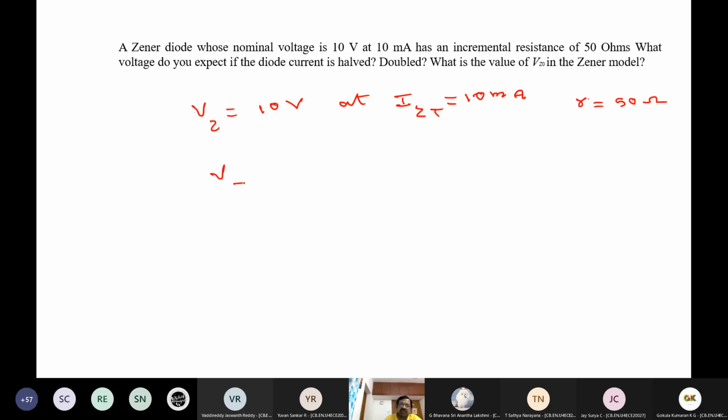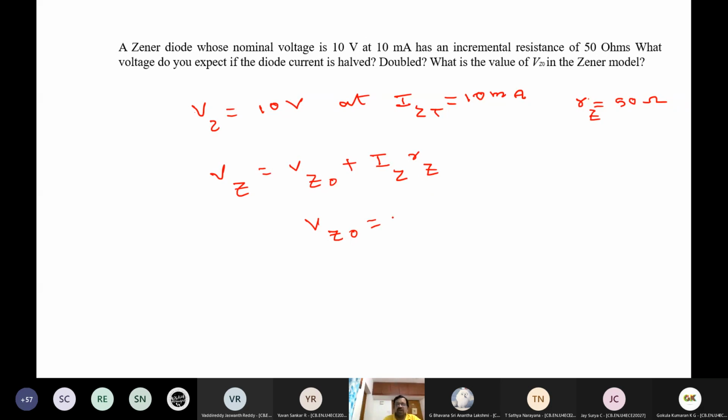So first let us use this equation VC equal to VC naught plus IC RC. So VC naught will be equivalent to VC minus IC RC. Once we find VC naught, that is very close to the knee current. That is the basic thing that is required for the diode to be under breakdown region in reverse bias.